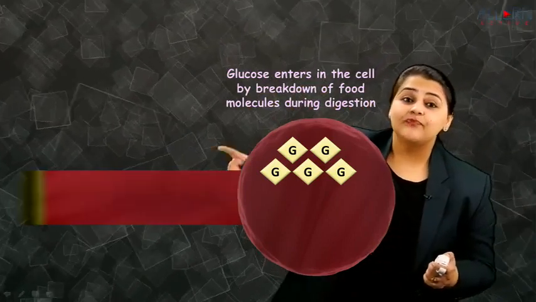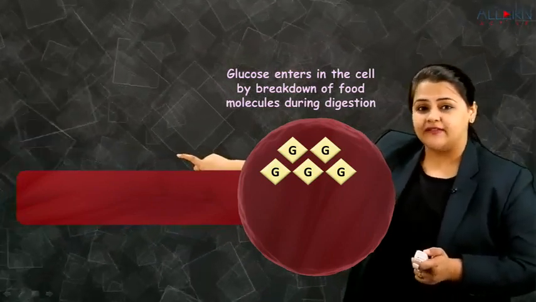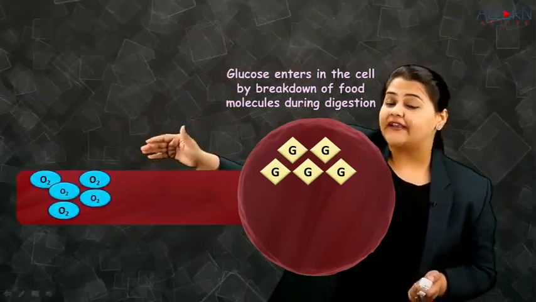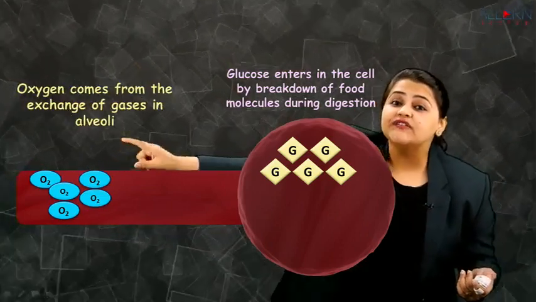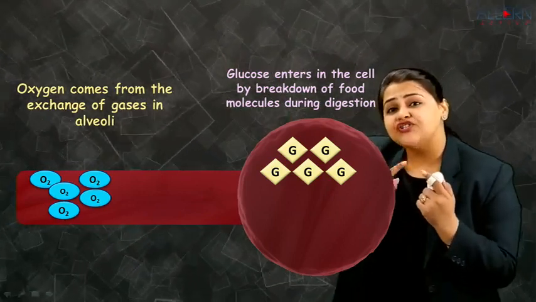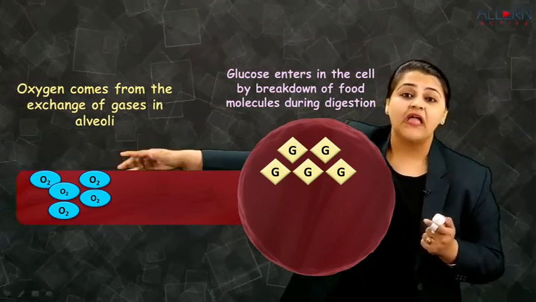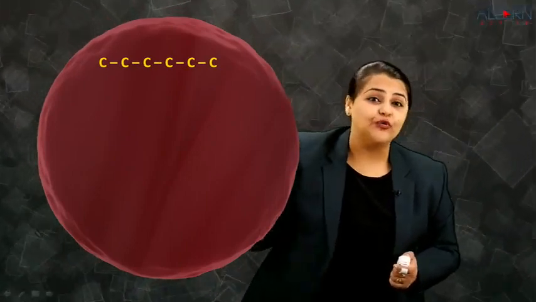Well, yes. Now, this cytoplasm of the cell is connected with the blood capillaries, and in the blood capillaries we have oxygen molecules. Now, this oxygen molecule is coming as a result of gaseous exchange in the alveoli. And this oxygen, when it enters inside the cell, will now undergo the reaction of glycolysis, in which we have the 6-carbon molecule of glucose.